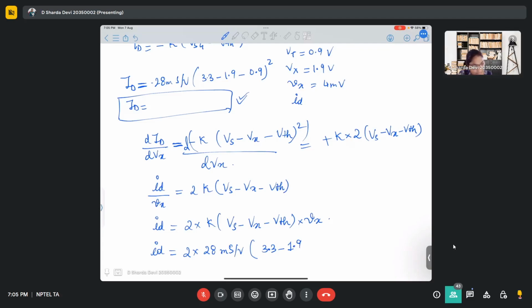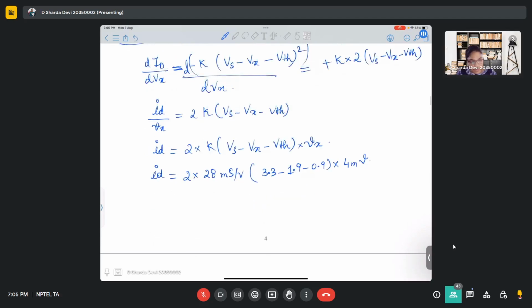So 1.9 minus 0.9, times vx, for that we'll use 4 millivolts. So we have to solve this and we'll get the id. What is the value of small id that you are getting? And also let me know the units. What will be the unit?